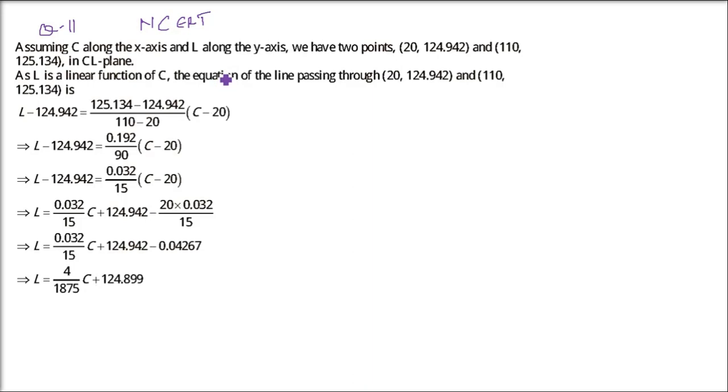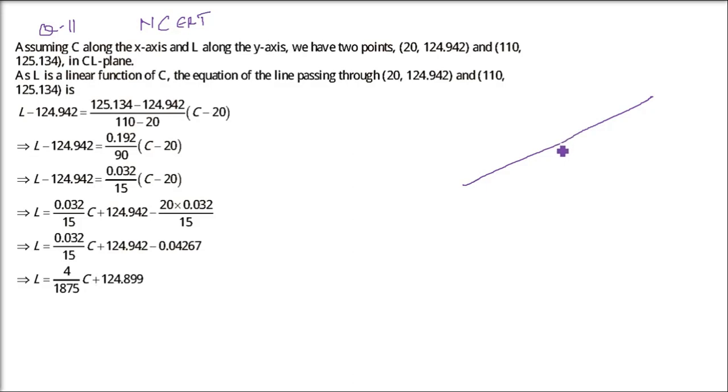In an experiment, if L is 124.942 when C is 20 and L becomes 125.134 when C becomes 110, express L in terms of C. So length and temperature are following each other as a linear equation, so there will be a line that the x and y coordinates of these are making. So there are 2 points actually. This is a line and there are 2 points, and these 2 points are given in the question.